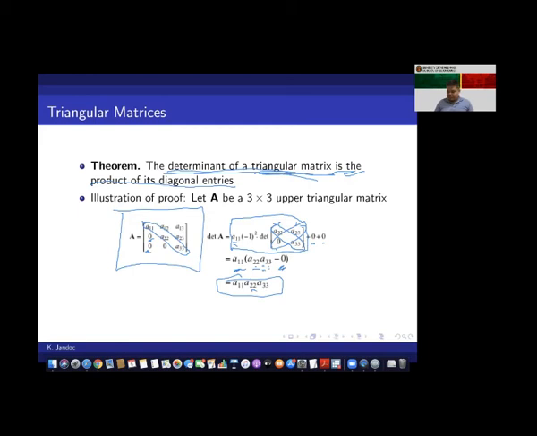Okay, so that's an illustration of the proof of the theorem. So automatically, if you have a triangular matrix, you don't have to do the long-winded calculation of the determinant. Just look at the diagonal entries, multiply all the entries, and that's your determinant.